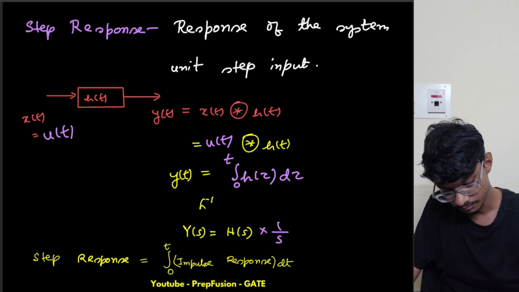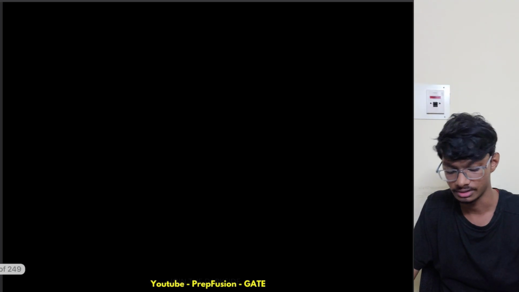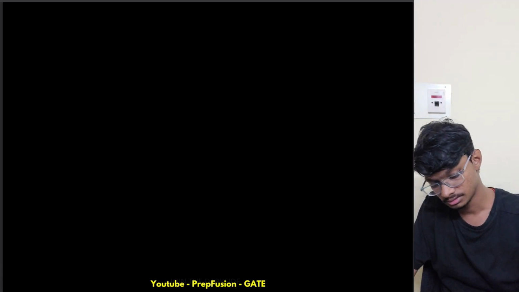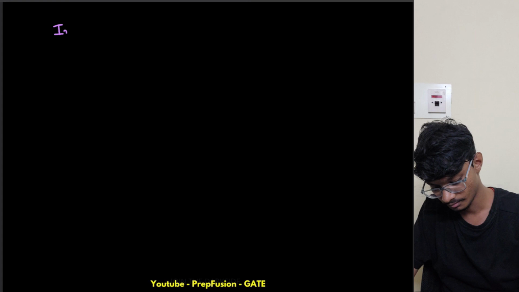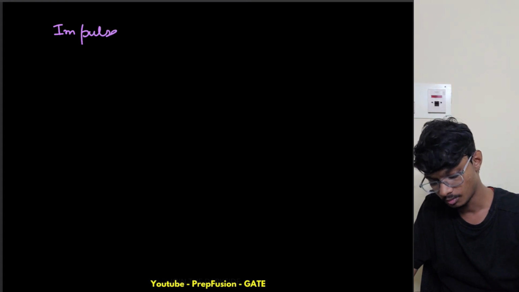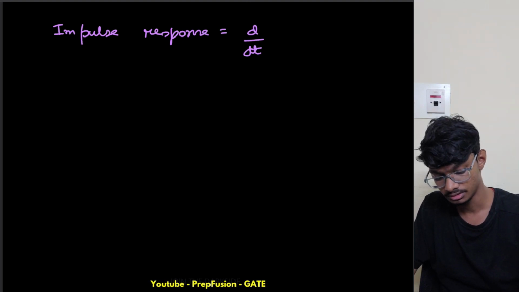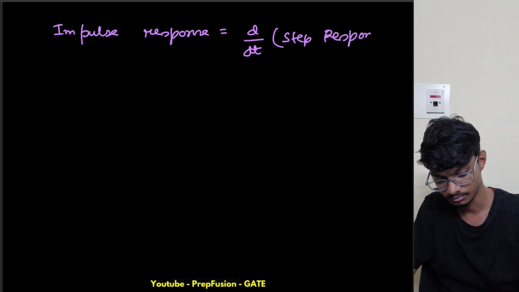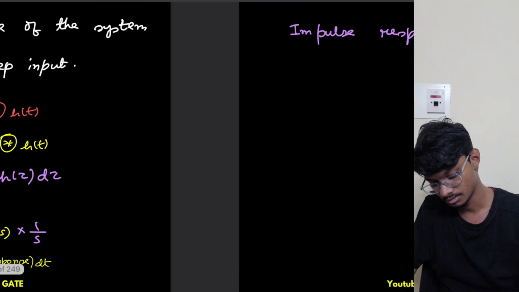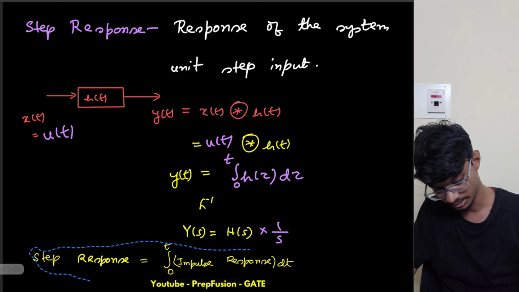I can also do the opposite: the impulse response will be the differentiation of the step response for the same system. Let me copy this and bring it back to that side.